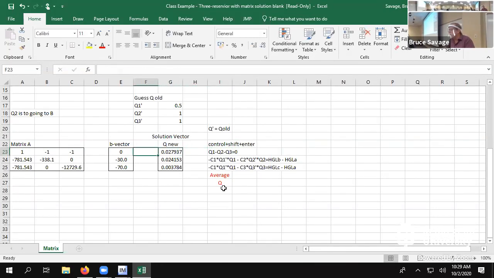So after you've got the equation in there, M mult, you put array one, which is A inverse, and array two, the B vector? B, yes. And then after that, you press Control Shift Enter and it puts in the other two values? Yep. So now that I have that, this is now my new guess.